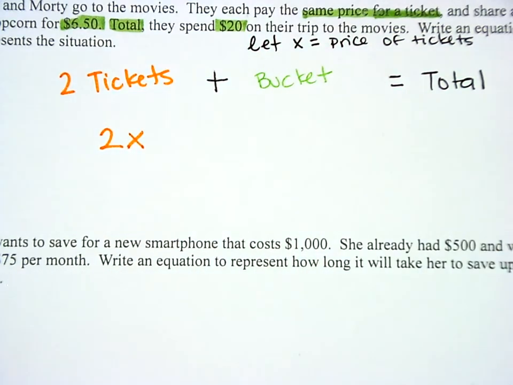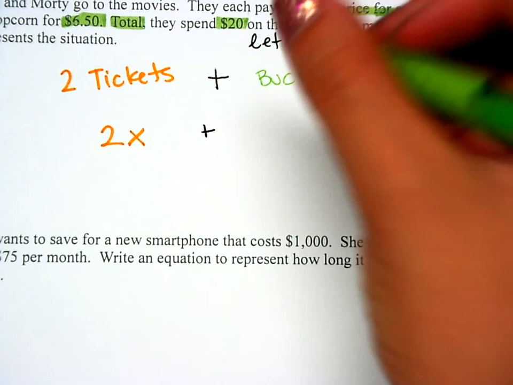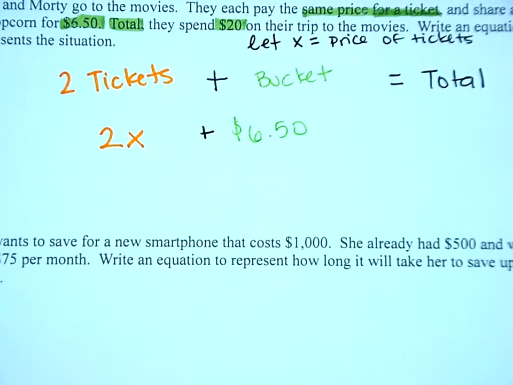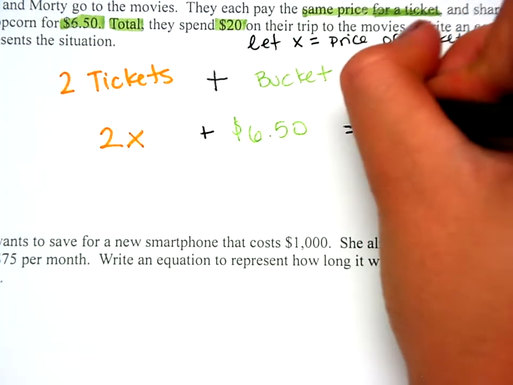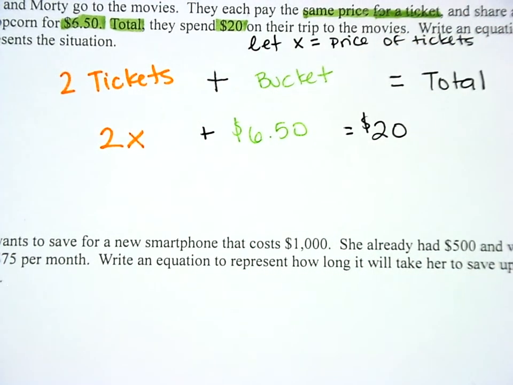All right, then we're adding. And then the bucket of popcorn, remember, we know just costs $6.50. Okay, and then the total, we know this. It says the total they spent was $20. So now we've got a bunch of numbers. We're almost done. I'm just going to clean this up a little and make it one big equation.